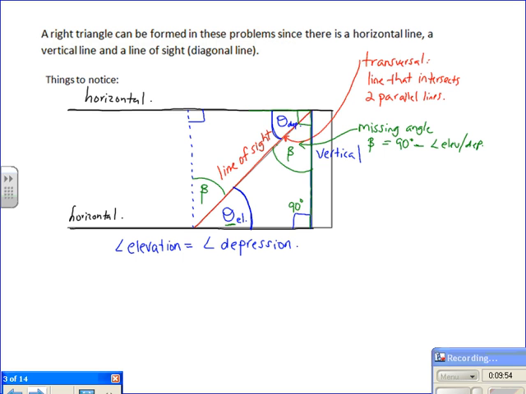So something that we can do for ourselves is draw a quick summary.